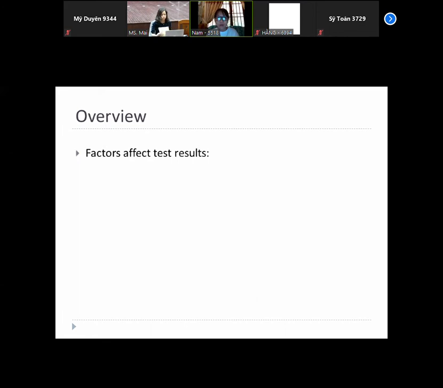Next, we will go over the factors that affect test results. These include your sex, age, and race.